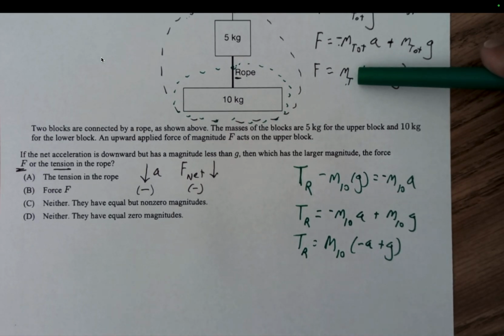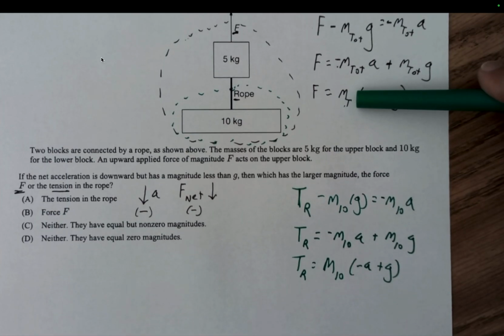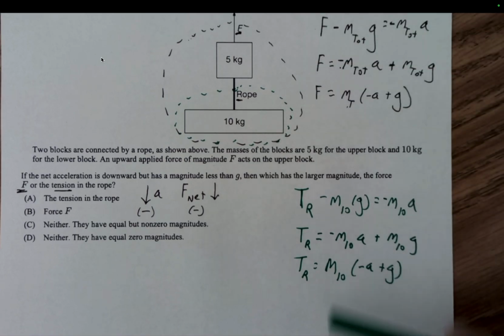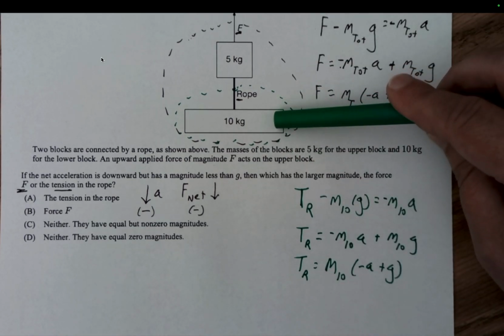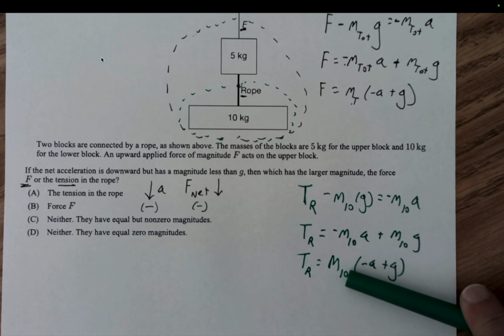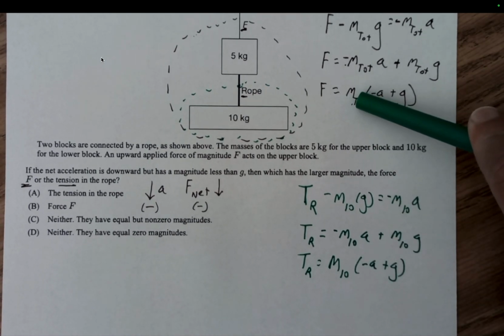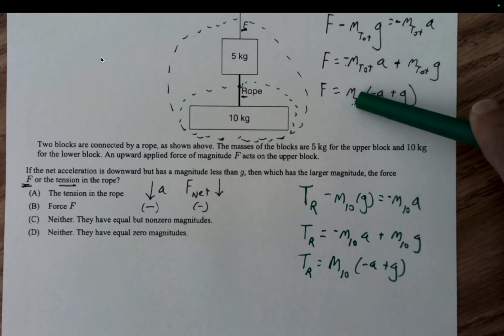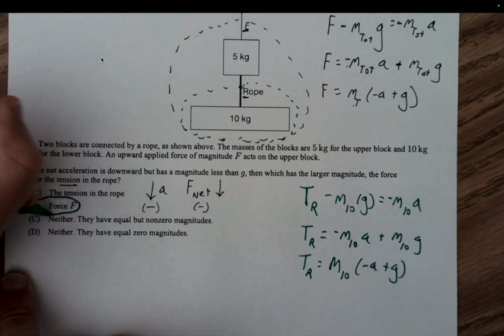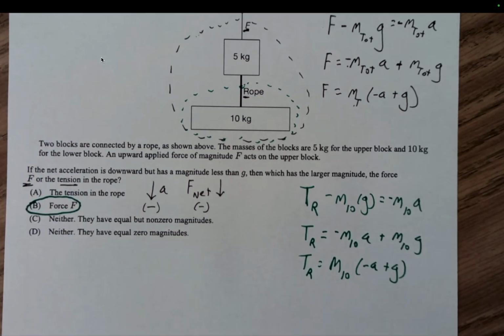So that big force F that's pulling everything up has to pull both the 5 kilogram and the 10 kilogram object up, where the rope only has to pull up the 10 kilogram object. So that's why this M10 is less than the total mass of the system, and that's how we're able to get that force F is greater in magnitude than the tension in the rope.